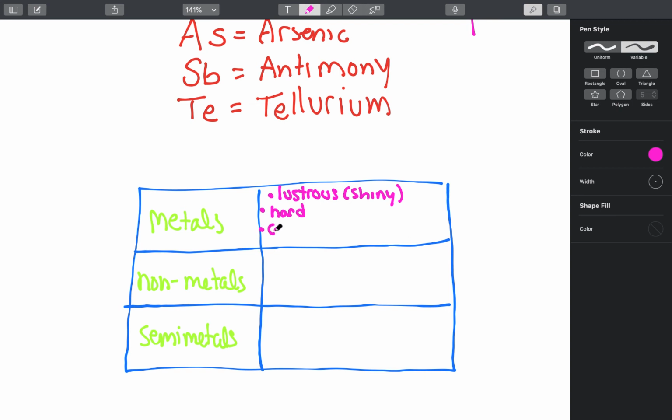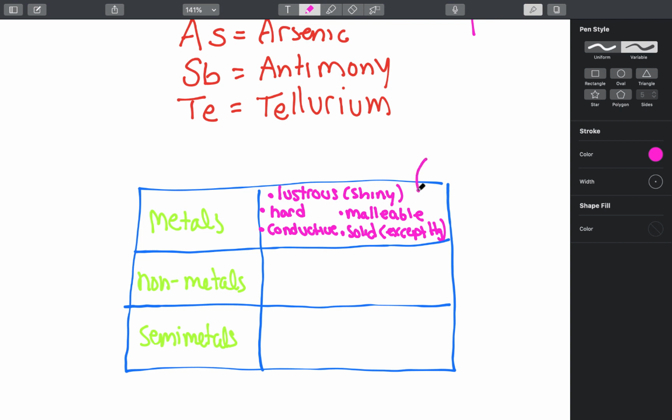They tend to be conductive. And they're usually malleable. And they're solid, except for mercury. So they tend to be lustrous, hard, conductive, malleable, and solid.